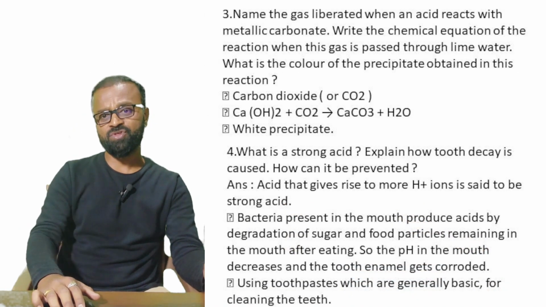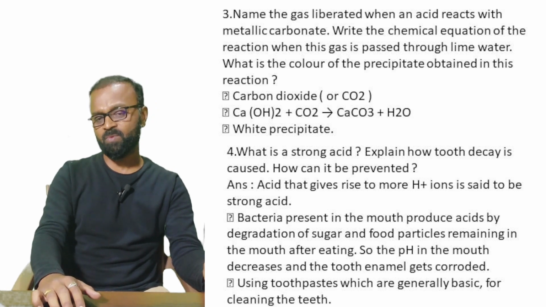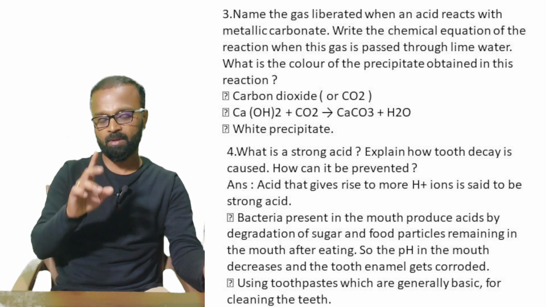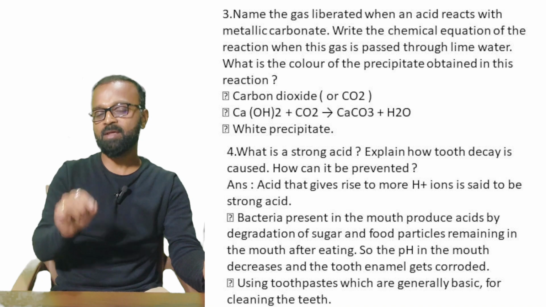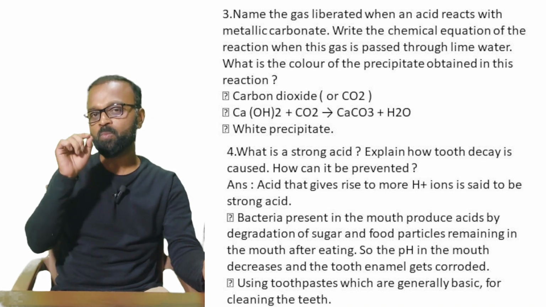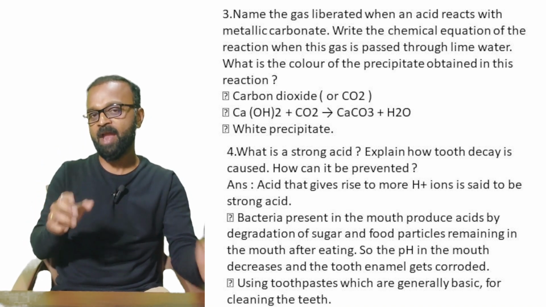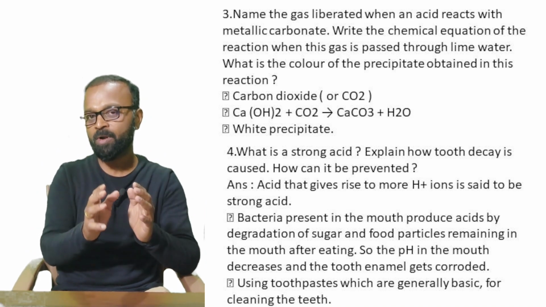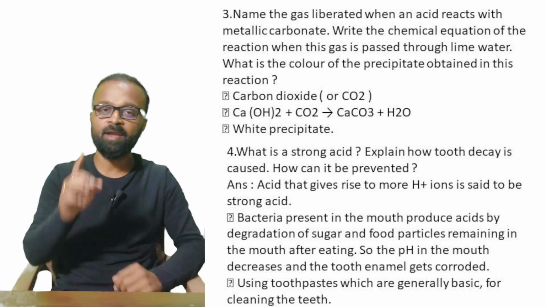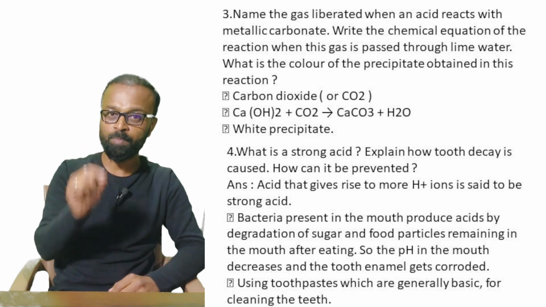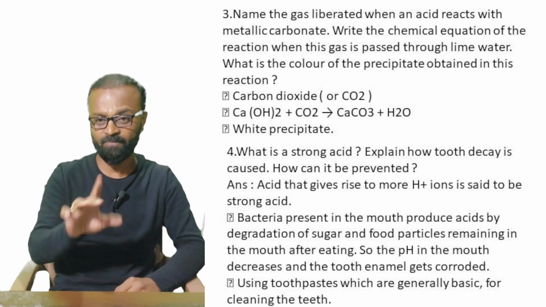Next question: name the gas liberated when an acid reacts with a metallic carbonate. Whenever there is a question on which gas is liberated, and one compound given is a carbonate, then definitely it is going to be carbon dioxide. Remember.